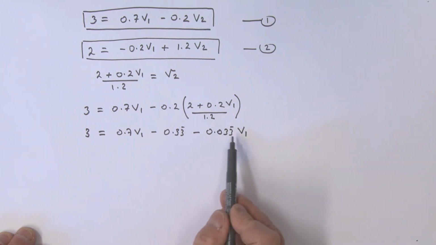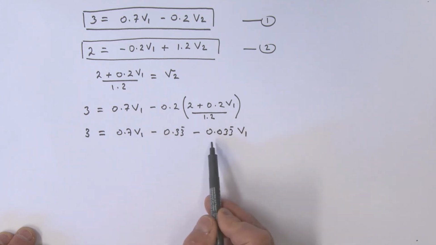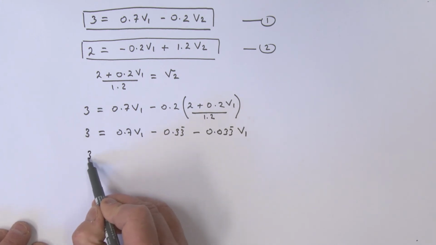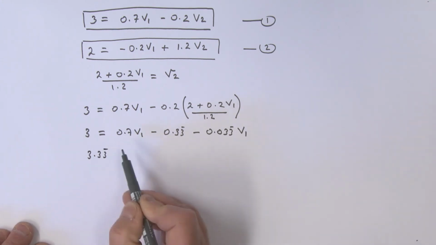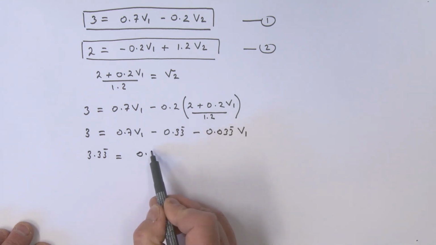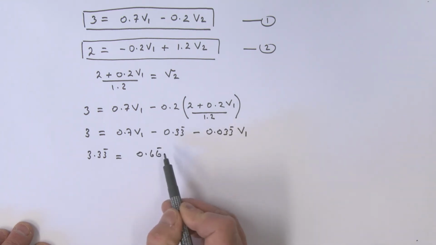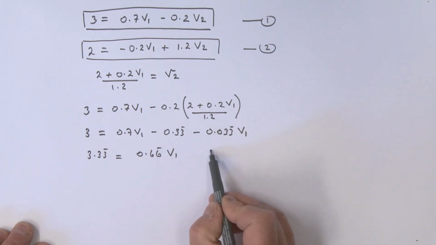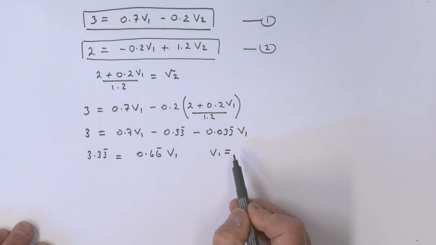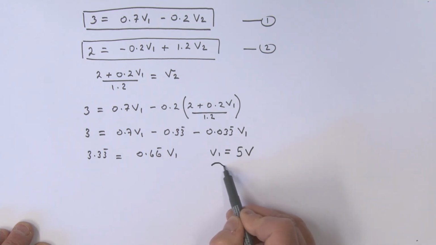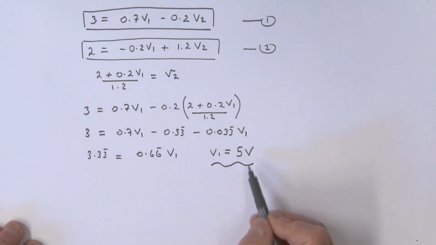So collecting my V1s together and taking this to the other side, I have 3.33 recurring is going to be equal to 0.66 recurring V1, and solving this then, we have V1 being equal to 5 volts. Okay, so that's our solution for V1.